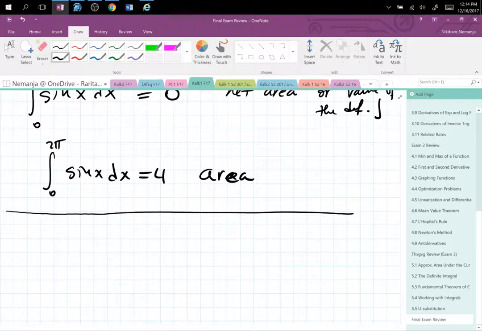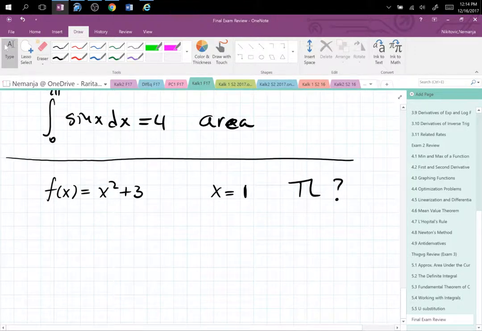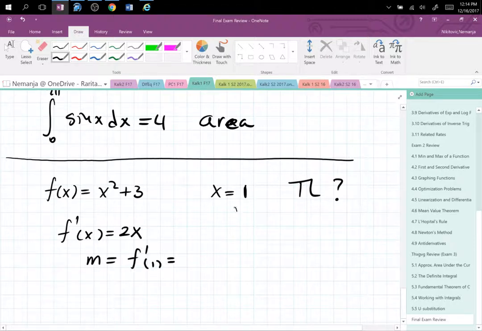One more time, when you get a function, let's say x squared plus 3, and you have the point at which you want to find the tangent line, let's say at 1, you figure out the derivative first, which is 2x in this case, and then you find the slope by computing your derivative at the given point, which is 2 times 1, so the slope is 2.